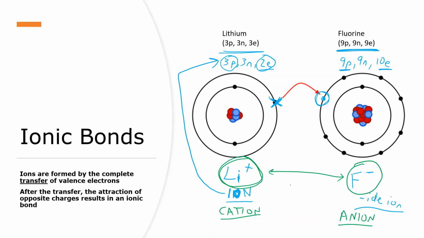Opposites attract, right? So that becomes LiF. And we smush the words together. The chemical symbols are smashed together into one symbol, lithium fluoride. And that was how an ionic bond is formed. Again, it's formed because of the complete transfer of electrons. And then after the transfer, the attraction of the charges makes an ionic bond.